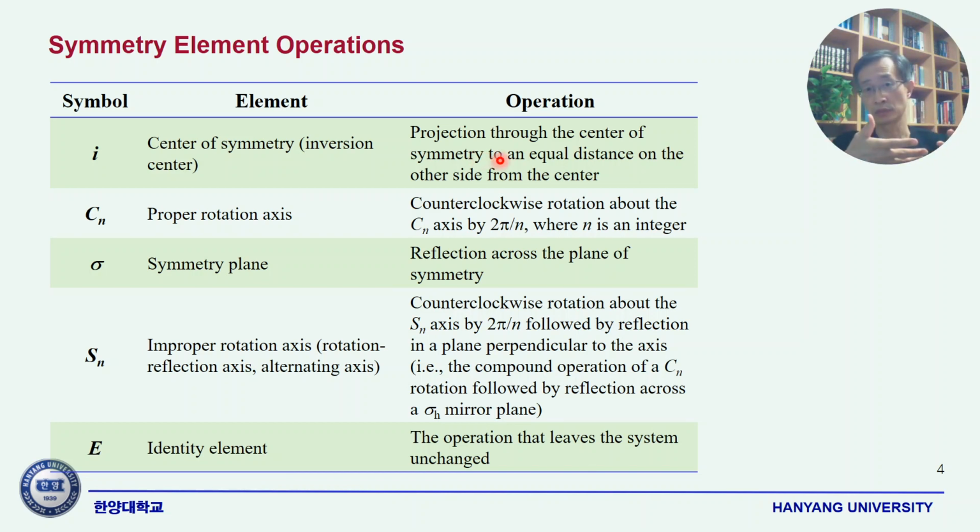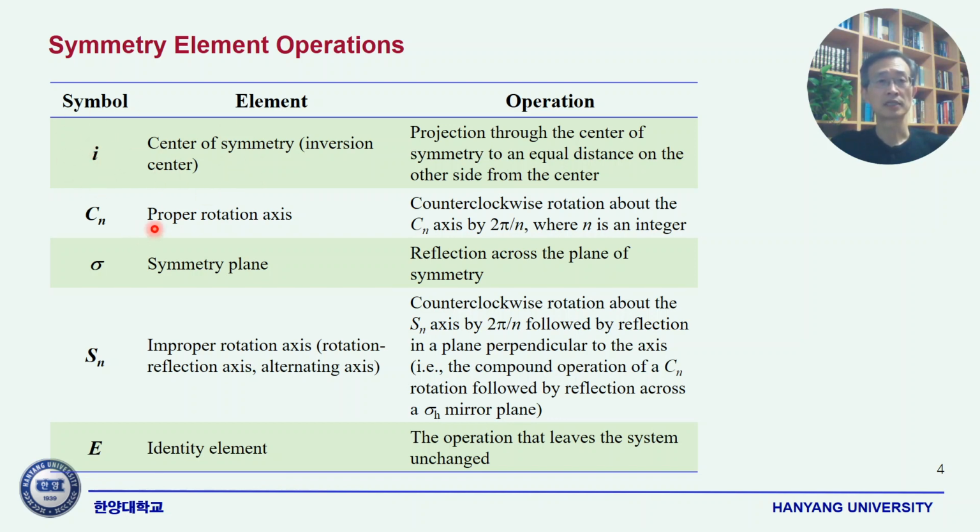In the case of methane, there's a carbon atom, but there is no inversion center in the carbon atom, because inversion symmetry works in such a way that you start from an atom at one position and go to the center of symmetry, and then exactly the same distance on the other side, and find the same kind of atom. Then that is the inversion center or center of symmetry. That's the symbol I, a symmetry element.